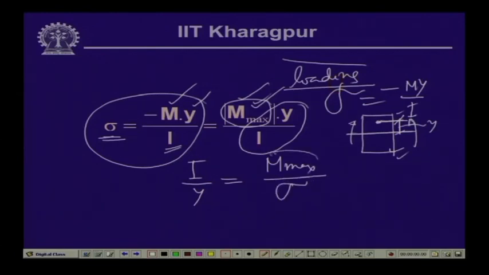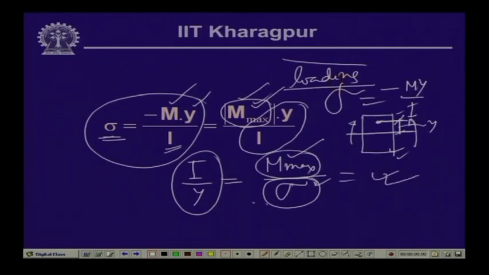M max we know from the loading, sigma we know from the material allowable stress. So, we can get the value of I by y, and from this numerical value of I by y, we can select a particular section, and this parameter I by y generally we designate by Z.